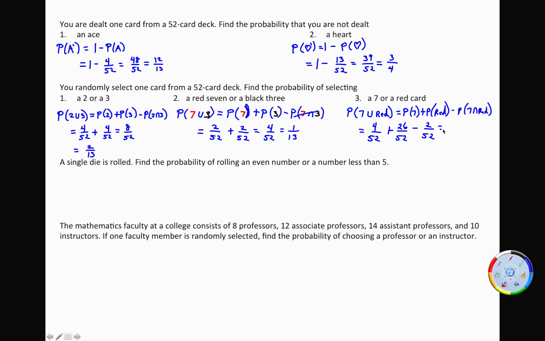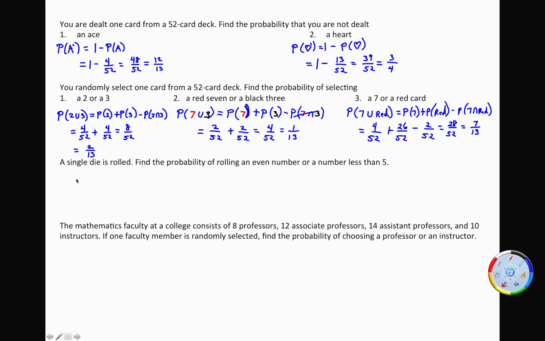So I need to readjust my count. So this is 26 plus 4, 30 minus 2, 28 out of 52. Both of these are divisible by 4, so 7/13 is the probability of being dealt or selecting a 7 or a red card.